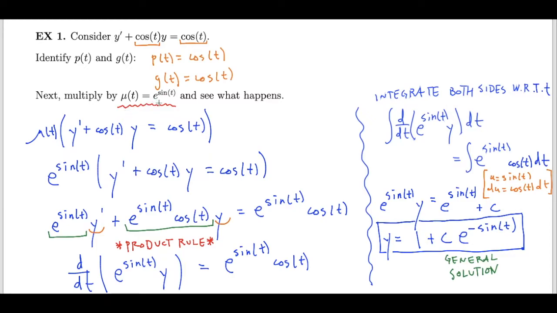To be honest, I don't know exactly why this specific function was generated, but it just so happens that this function was perfect, because when I multiplied it by my entire differential equation, the left side had all of the correct ingredients so that it could be represented as a product rule. And then rewriting my left-hand side as that product rule enabled me to integrate both sides, which then enabled me to easily isolate the variable y, which is the solution for my differential equation.